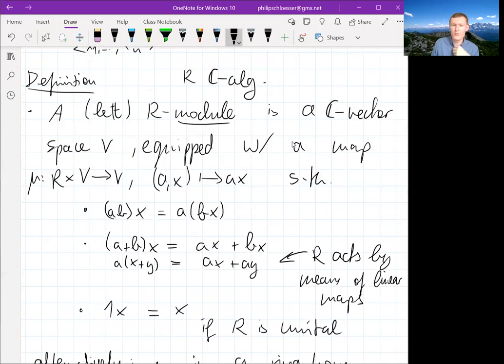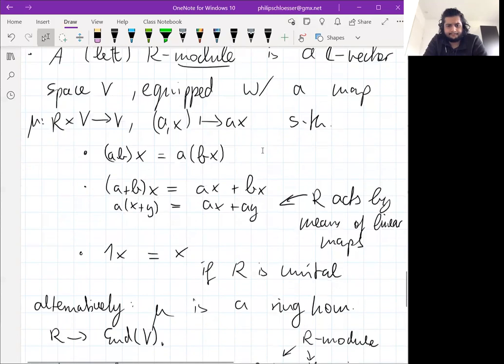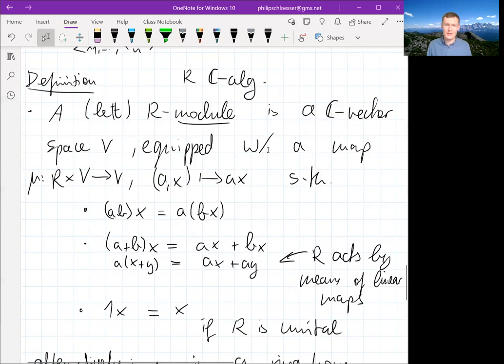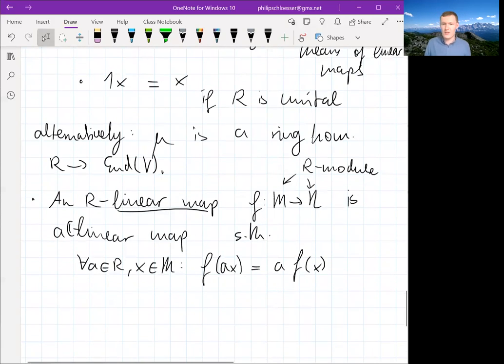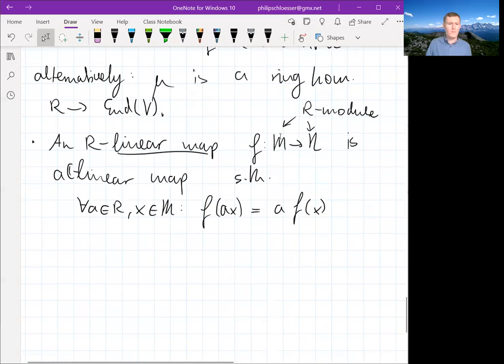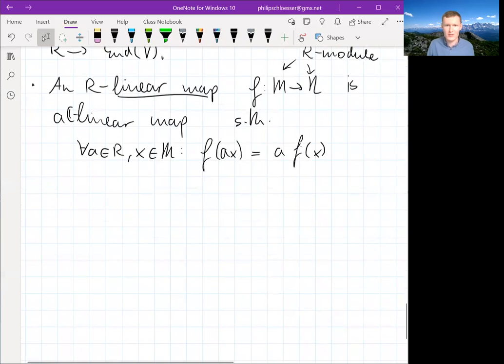So modules have a bit of ugliness, or I don't know if ugliness is the correct word, but there are some nice properties that vector spaces have that modules don't have. For example, the existence of a basis. And I guess this is, on the other hand, also what makes modules a much more rich structure, which we can use to express more things. And one last comment, the left R modules, together with the R linear maps, they form a category.